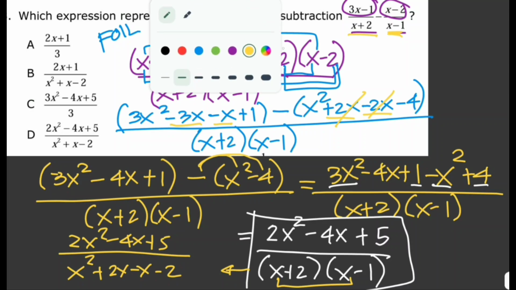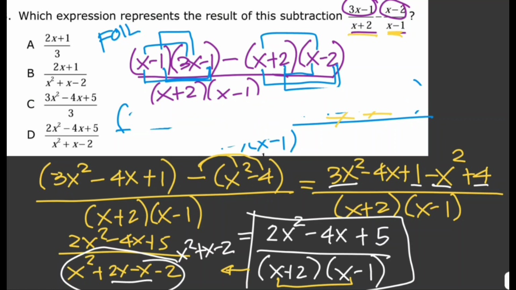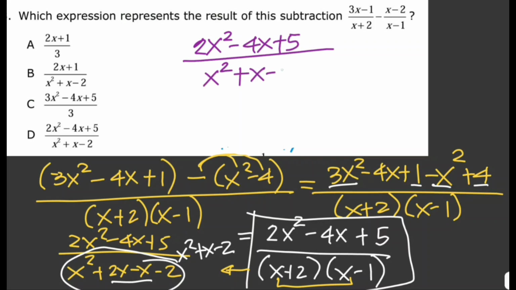Then we simplify that. 2x minus x is x. So this would become x squared plus x minus 2. Therefore, the final answer would be 2x squared minus 4x plus 5 all over x squared plus x minus 2. So the answer is this one, letter D.